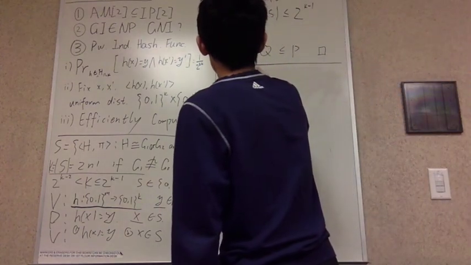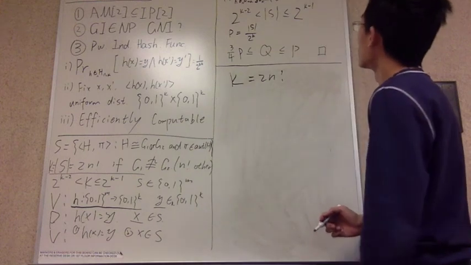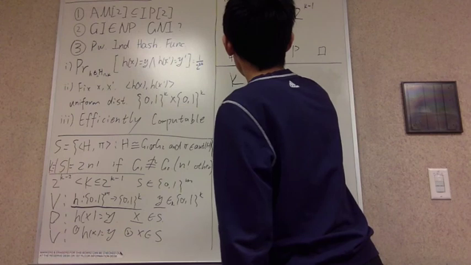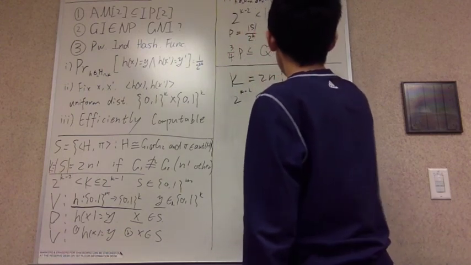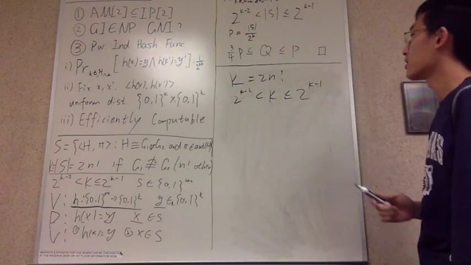Assume that big K is 2n factorial, and we define small k such that 2 to the k minus 2 is smaller than K, which is smaller than 2 to the k minus 1. This is big K, this is small k.